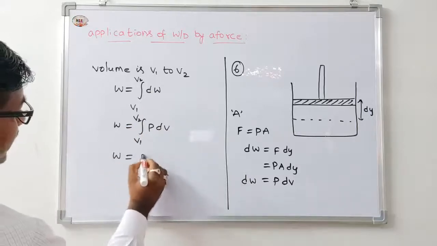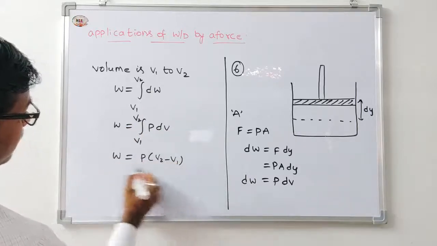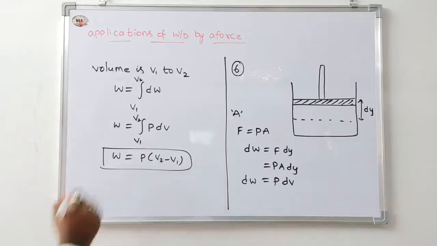W is equal to P into (V2 minus V1). This is a very important formula.